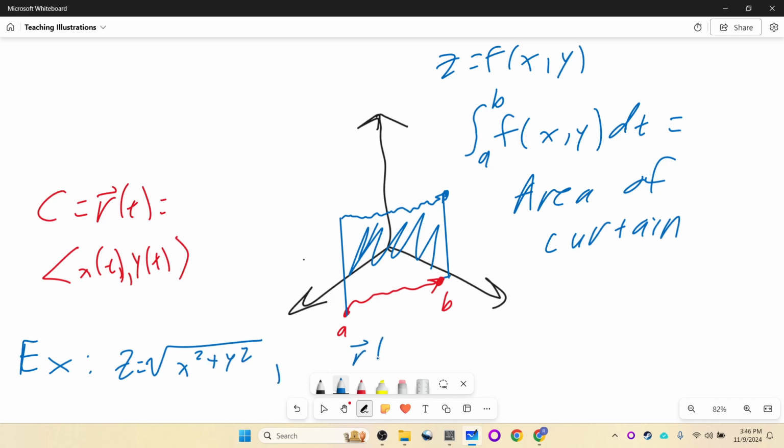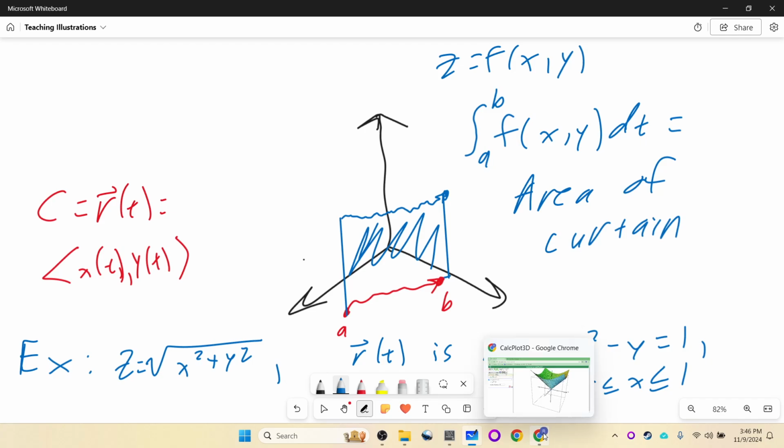And r of t is on the curve x squared minus y equals 1, where x goes from 0 to 1. And we could parameterize that by saying x equals t and solve for y.